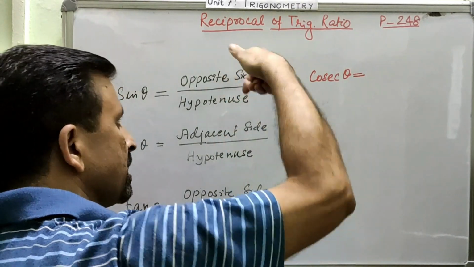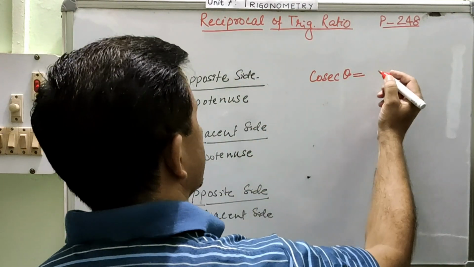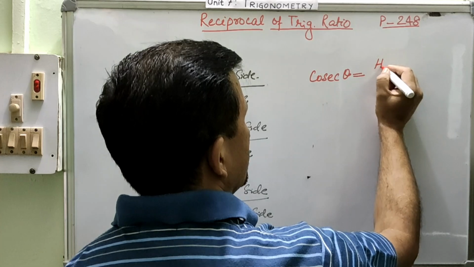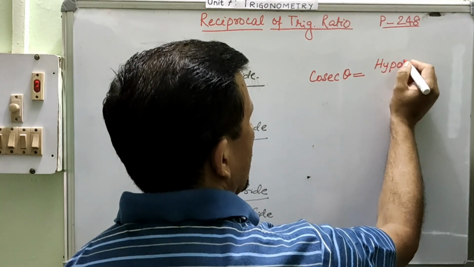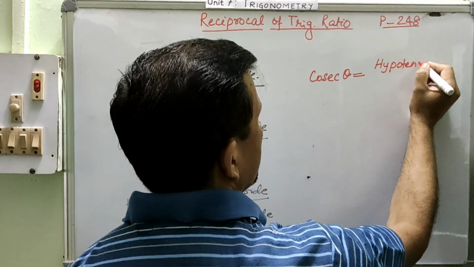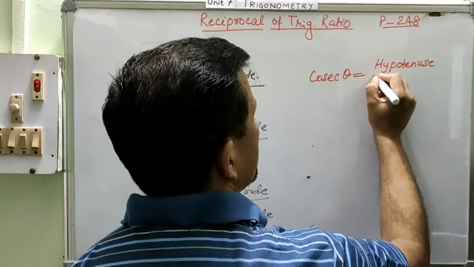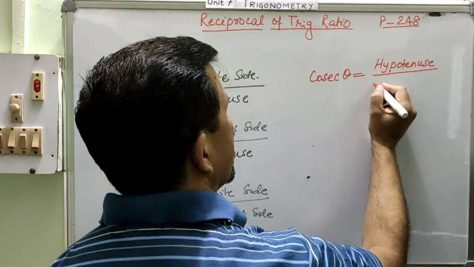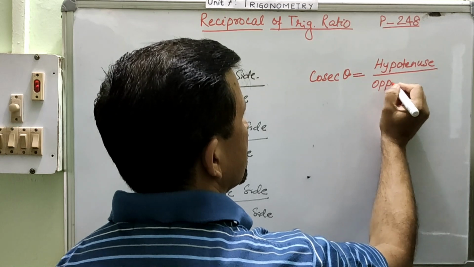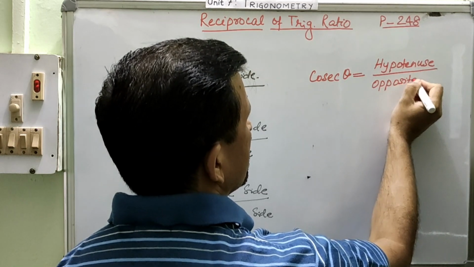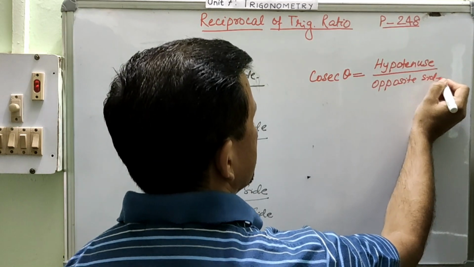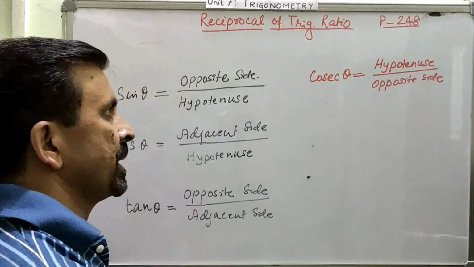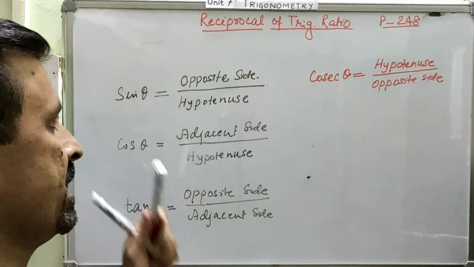So just write the multiplicative inverse, just turn it upside down. So hypotenuse will go in the numerator, and the denominator will become opposite side. This is your reciprocal of sine theta.